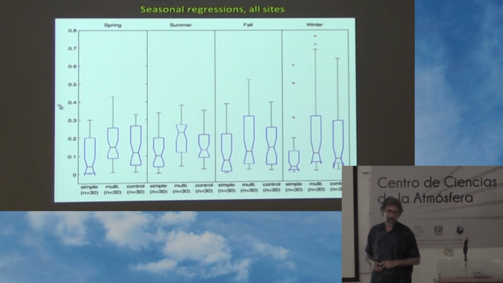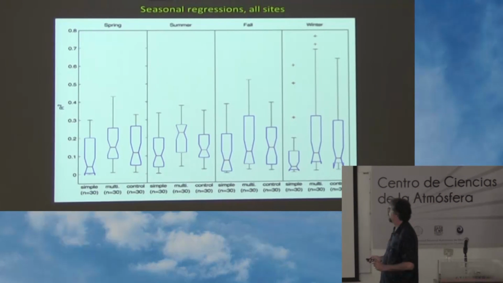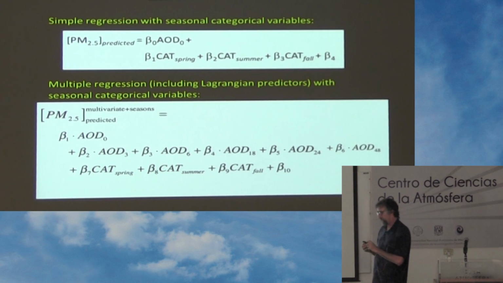So that gave us the idea to include some more predictors in the equation that identified the season. So we did that. We did it in 2 ways. We included the seasonal predictors in the simple model with only one AOD value, and we also included them in the multiple model with many AOD values.